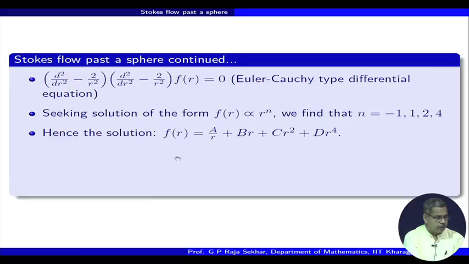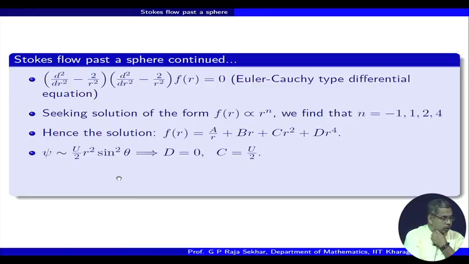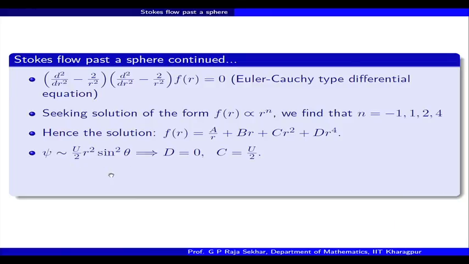Okay. So, this is the structure of the solution, and correspondingly now we have to take the far field condition and no slip conditions, and then determine the arbitrary coefficients.